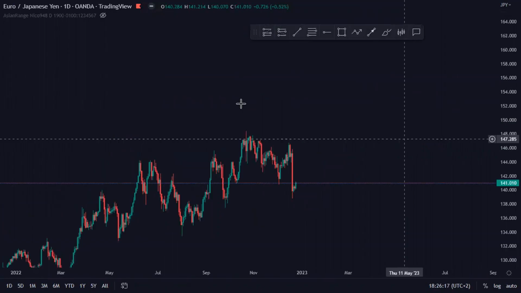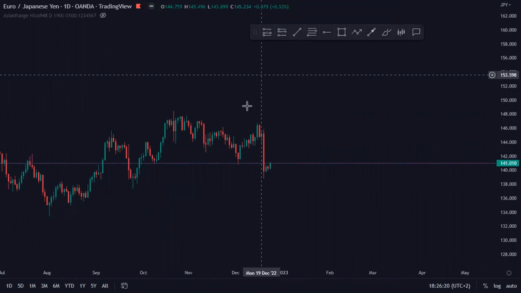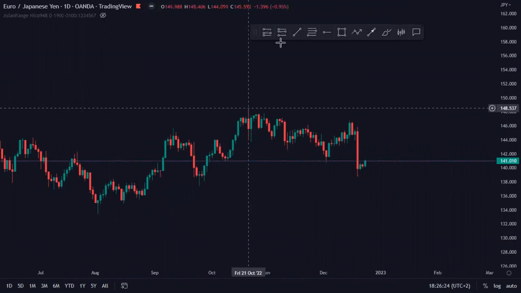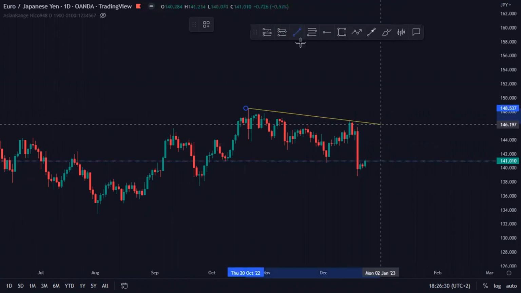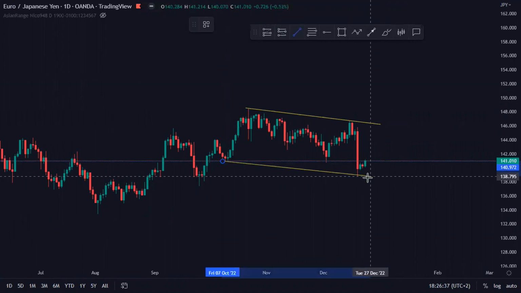Okay, so why Euro JPY on daily time frame? Daily time frame again. You can say this is our first, second touch there, and say again this is our first and then our second.